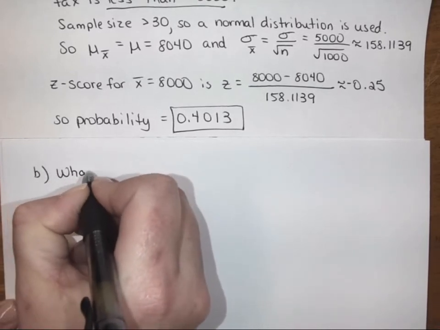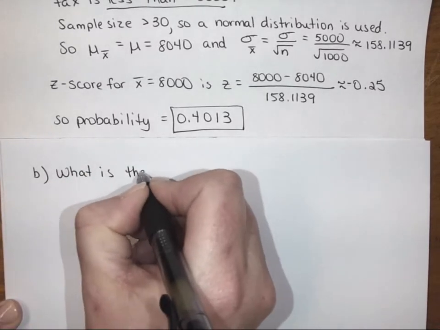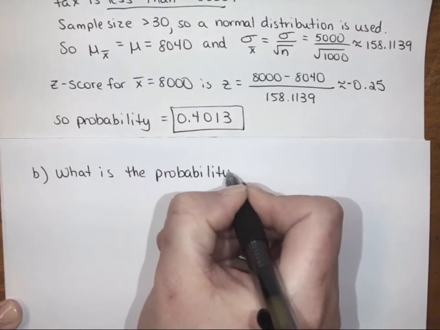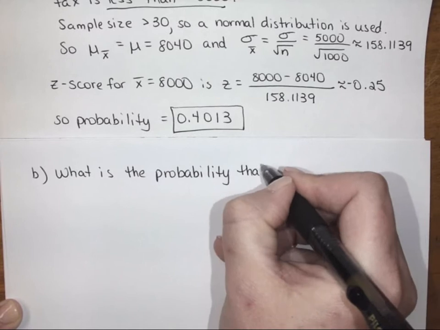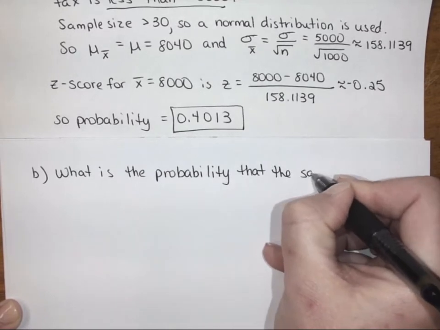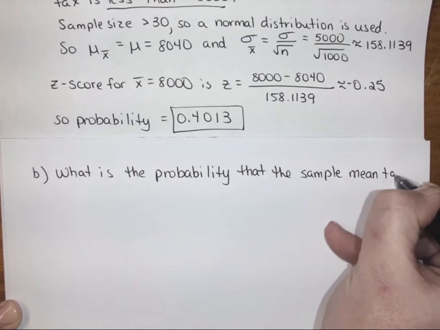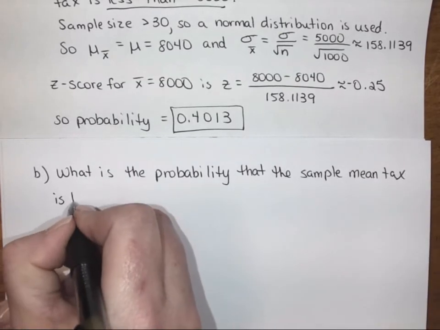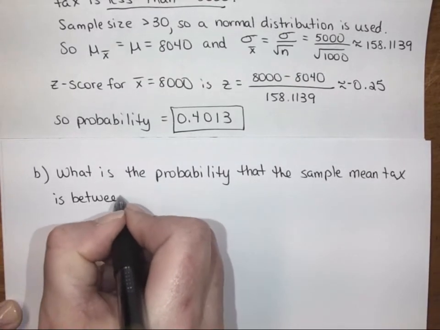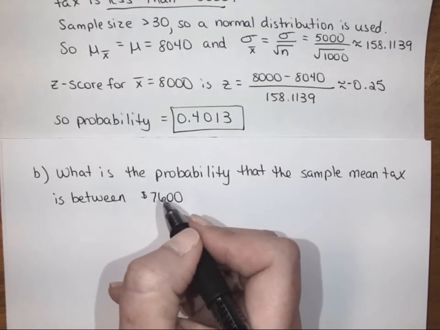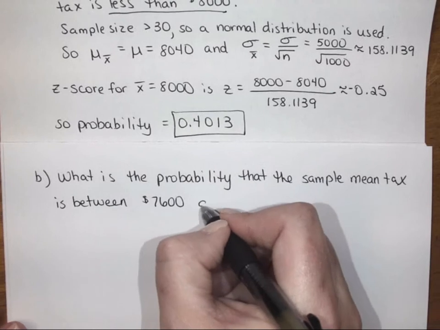All right, so question B. What is the probability that the sample mean tax is between 7,600 and 7,900?